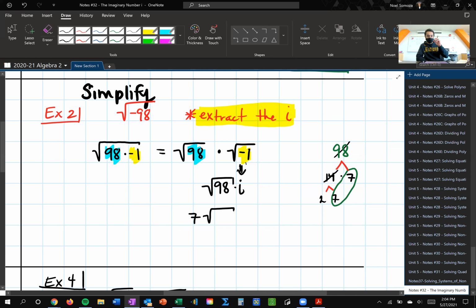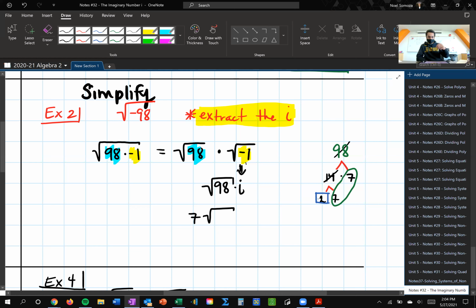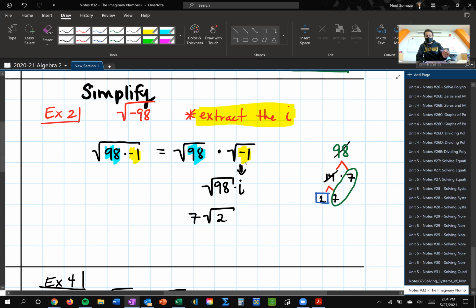And the number that is by itself, right, has nobody, gets stuck inside of the square root. So we would leave the 2 inside. Okay.